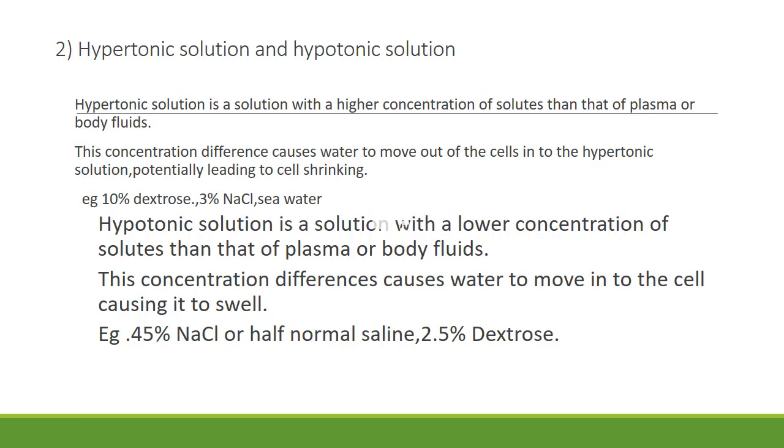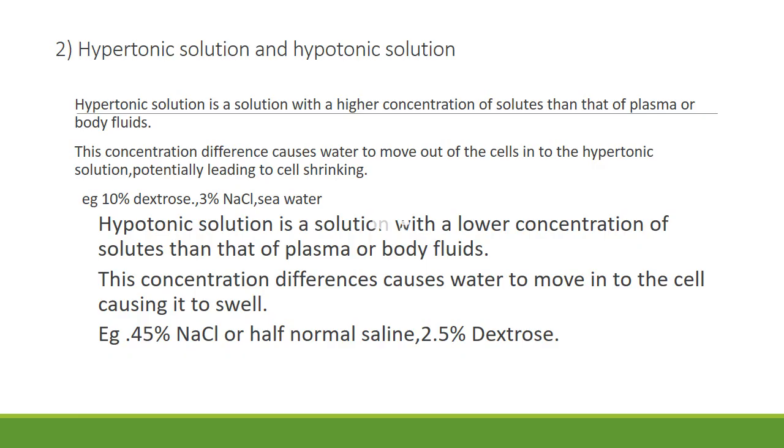And the second point, this concentration difference causes water to move out of the cell into the hypertonic solution, potentially leading to cell shrinking. So here our body cells will shrink because the solvent particle, here water, will move from the cell to the hypertonic solution.